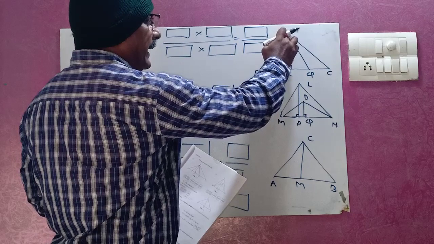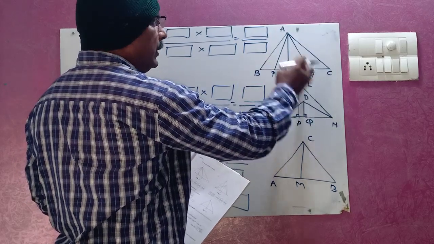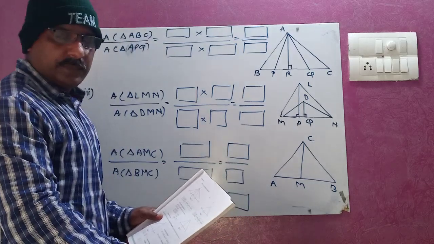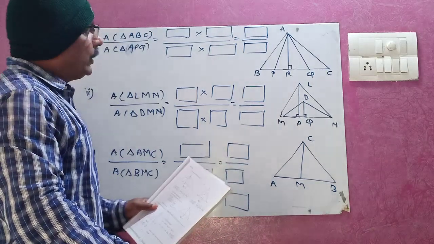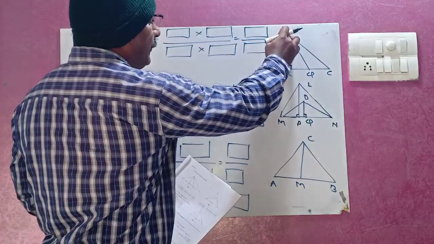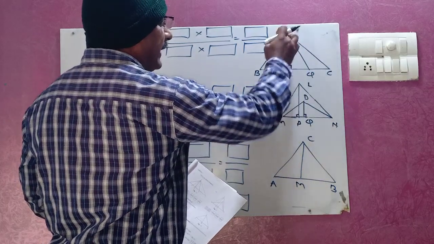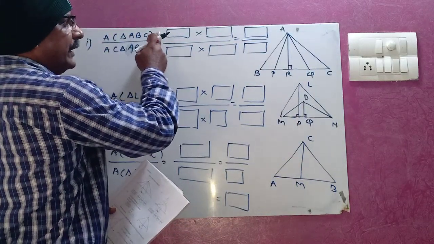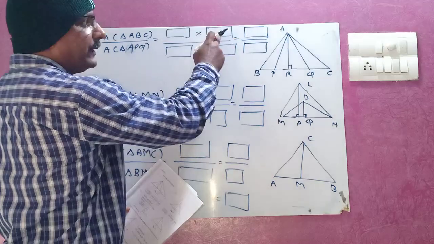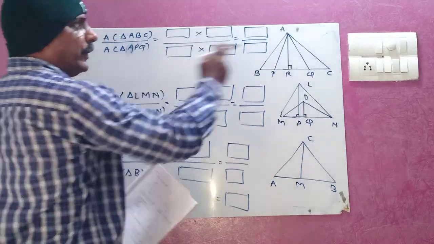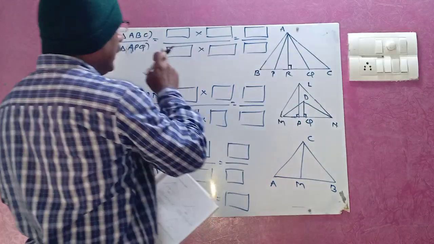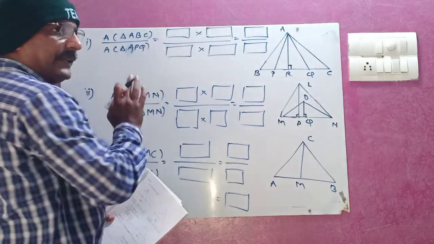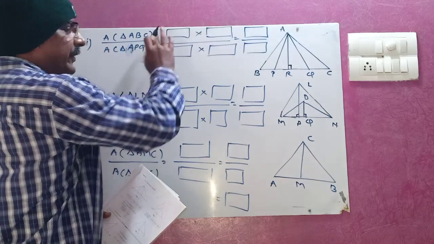Similarly for triangle APQ, AR is the height and PQ is the base. Got it? It means what children here? If you want to find the area of triangle ABC, what will you write? Half into base into height. Similarly here also for the area of triangle APQ, half into base into height. Half gets cancelled. That is why it is not given.